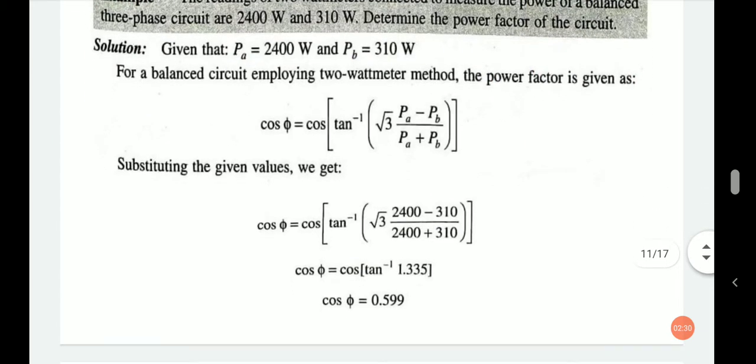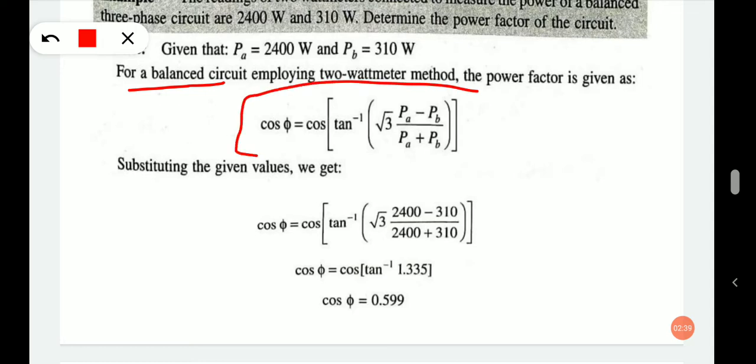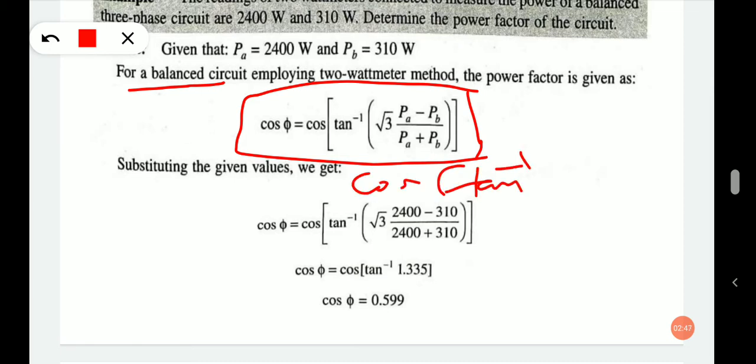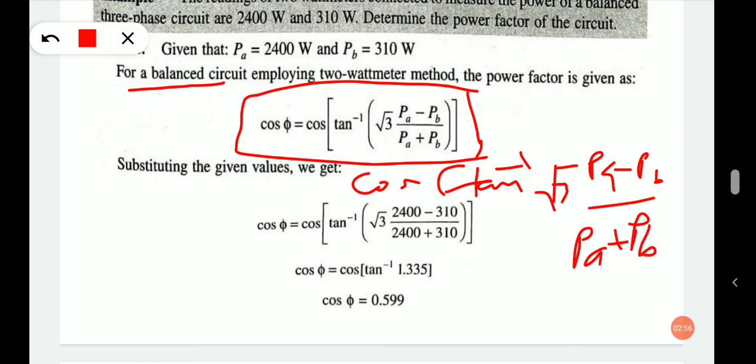So here we have to determine the power factor, that is cos phi, of the circuit. For a balanced circuit employing the 2 wattmeter method, the power factor is given as cos phi equals cos of tan inverse of root 3 times (Pa minus Pb) upon (Pa plus Pb).